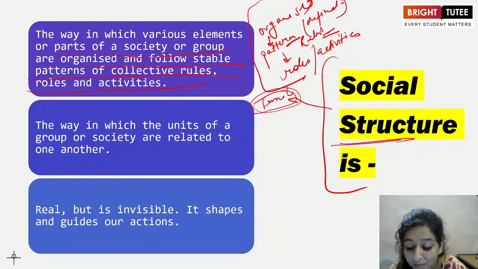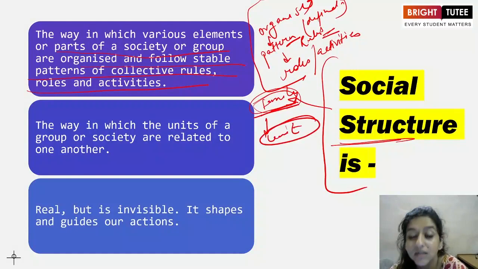where family is the larger unit, or the family is the bigger picture that is being taken into consideration. Also, it says the social structure is the way in which units of a group or society are related to one another. Right?